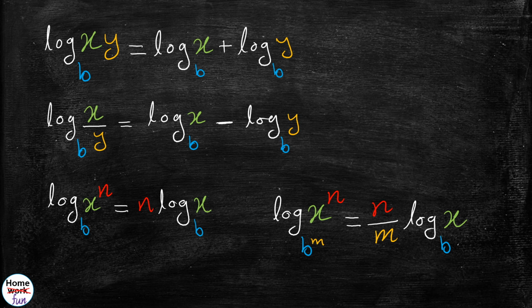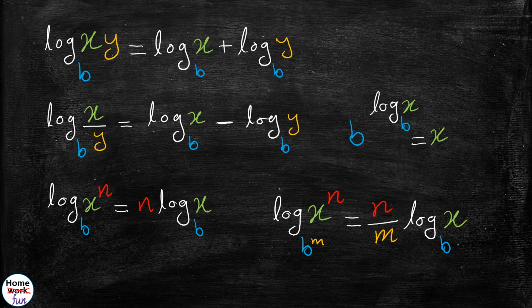So all of these rules can be derived from the very definition of the log, and we will prove them in a separate video. Now, if you have a number raised to the power of a log with base b, so a number raised to the power of the log with the same base as that number, and then what's in front of the log is just x, that simplifies as just x.